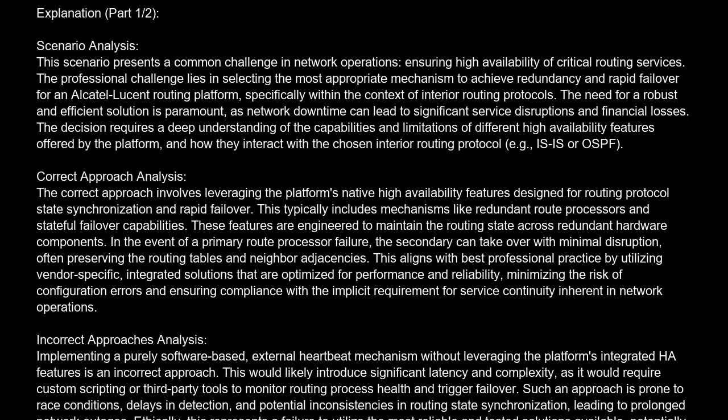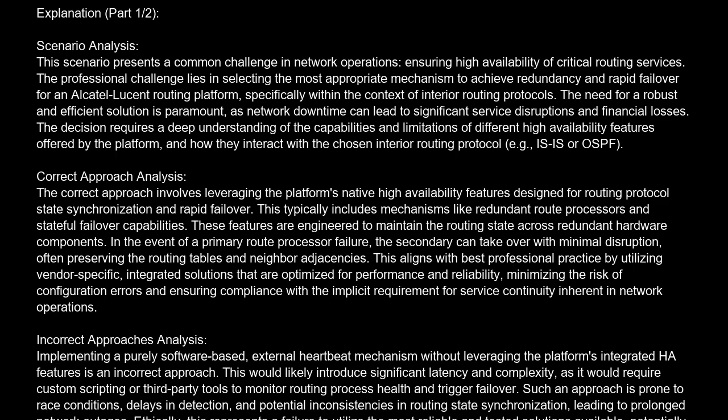The need for a robust and efficient solution is paramount, as network downtime can lead to significant service disruptions and financial losses. The decision requires a deep understanding of the capabilities and limitations of different high-availability features offered by the platform, and how they interact with the chosen interior routing protocol, e.g., IS-IS or OSPF.